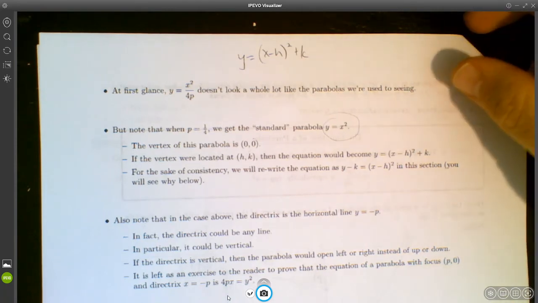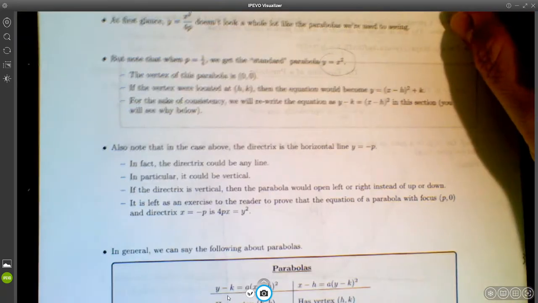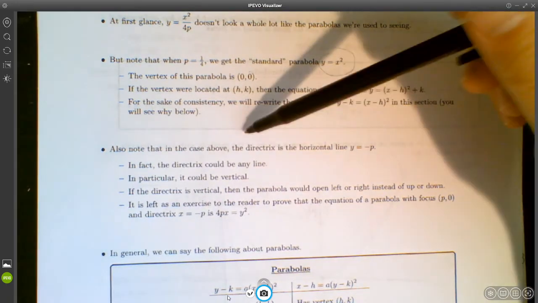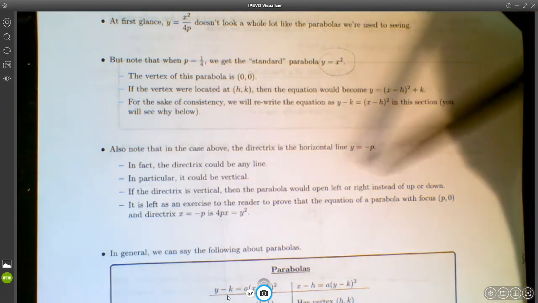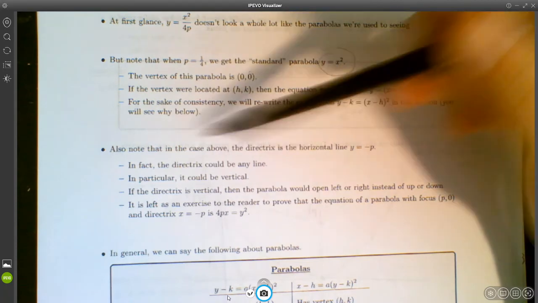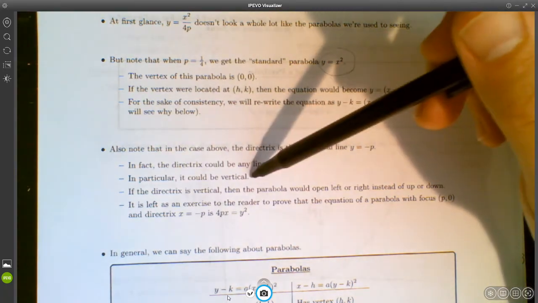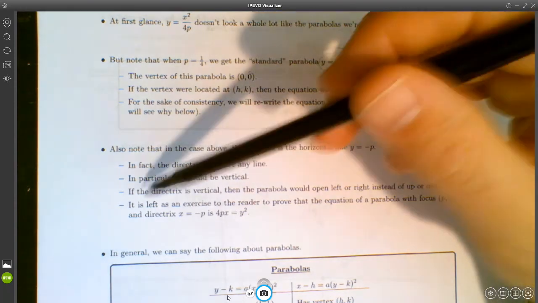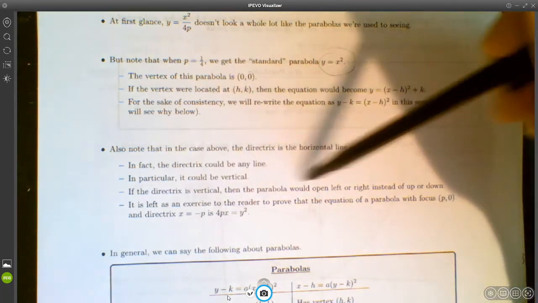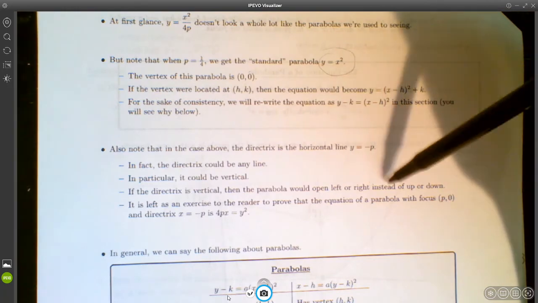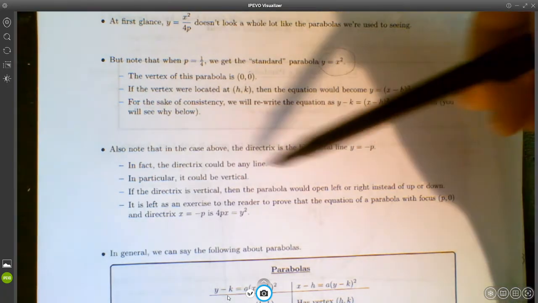Now, another thing to point out is that in the case above, the directrix is the horizontal line y equals negative p. In fact, the directrix could be any line. In particular, it could be a vertical line. If the directrix is vertical, then the parabola would open left or right instead of opening up or down.